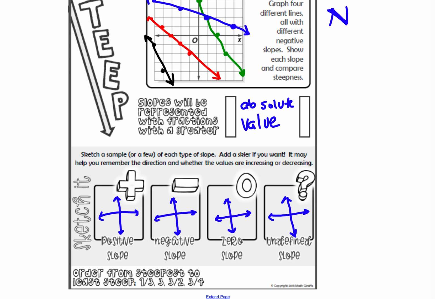All right, there we go. Okay, so now I am ready to graph. Positive slope is going to look like this. From left to right, our line is going up.